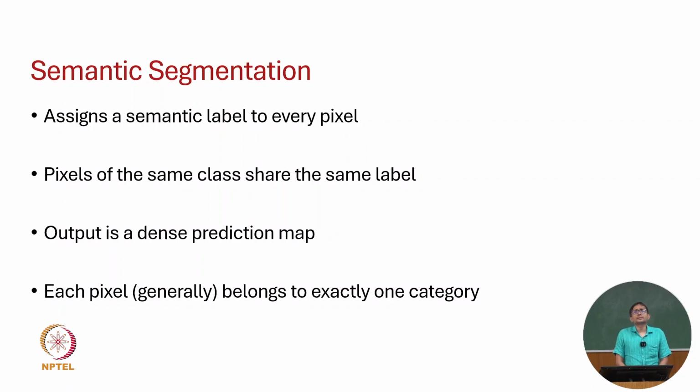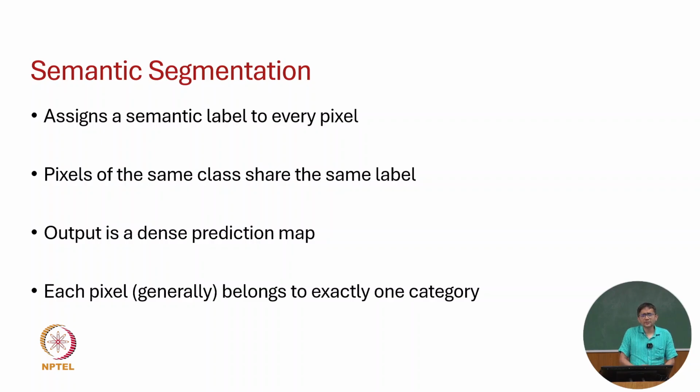So in semantic segmentation, we usually assign a semantic label to every pixel. Pixels of the same class share the same label. So the output is a dense prediction map. Each pixel usually belongs to exactly one category.